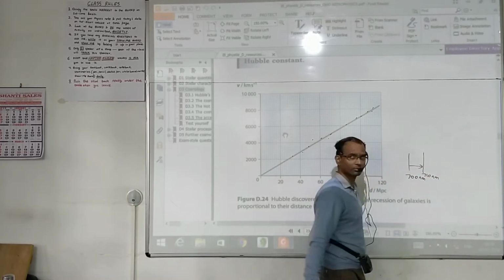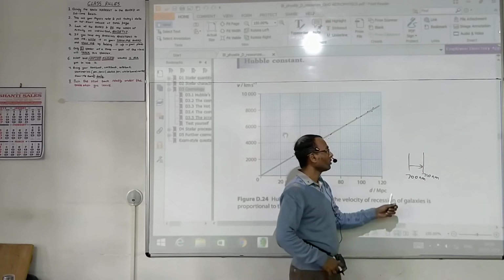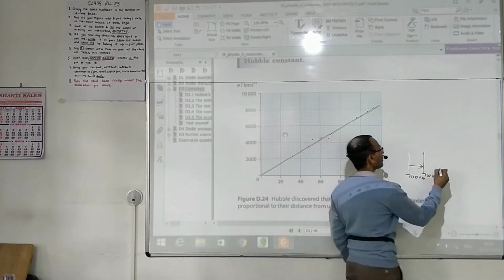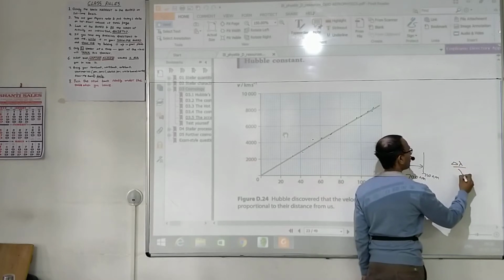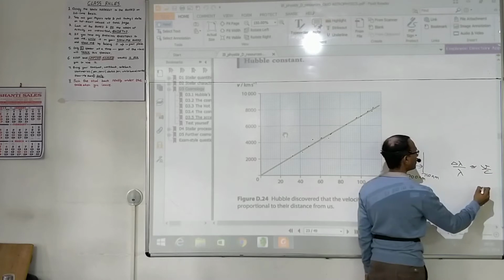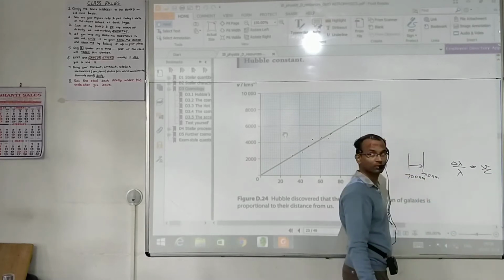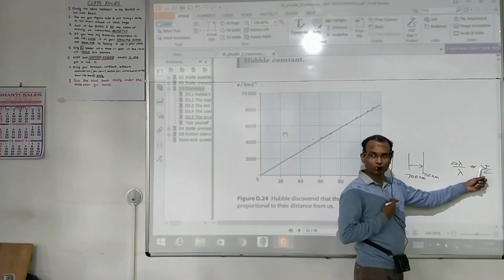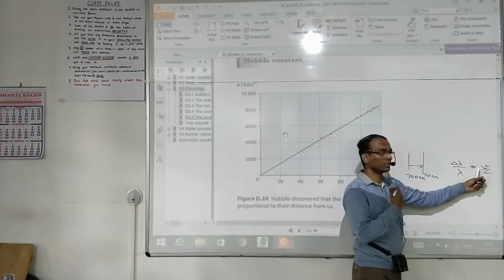So this is called redshift. You have learned earlier that it is due to Doppler effect. So he explained that the shift in wavelengths, delta lambda by lambda, is almost equal to v by c, where c is the speed of light and v is the relative speed of that star with respect to us. Speed of recession.